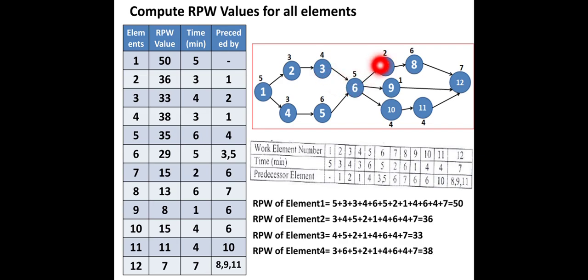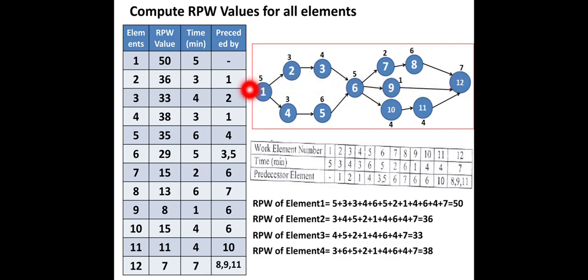16 plus 2 is 18. 18 plus 1 is 19. 19 plus, again you need to consider this also, plus 3, that is 22. Then 28, 29, 33, 37, 37 plus 6 is 43, plus 7 is 50.